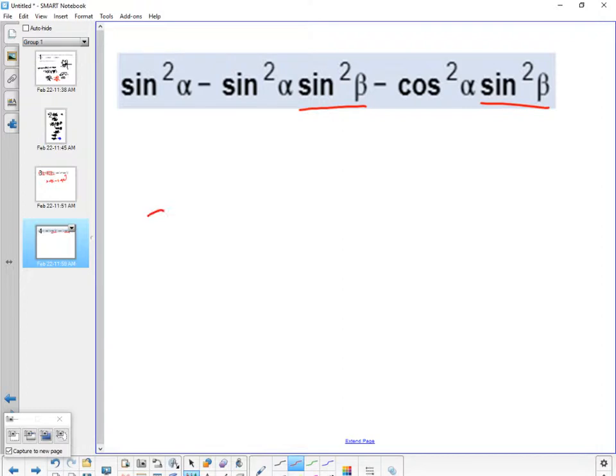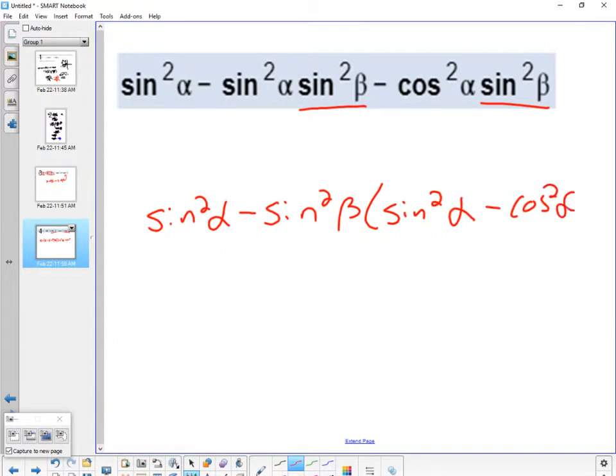That would give me sine square alpha minus sine square beta, 1. No, sine square alpha. Sine square alpha minus cosine square alpha.